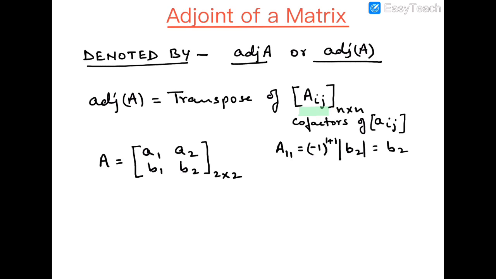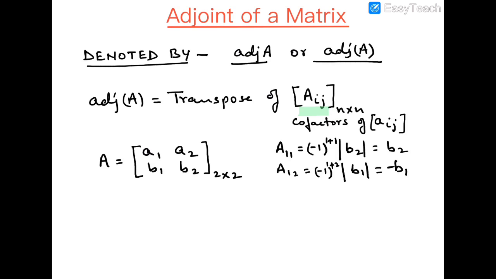Now the cofactor of A2 is (-1) to the power 1 plus 2, and if we eliminate the first row and second column, B1 is left, which will give us -B1.